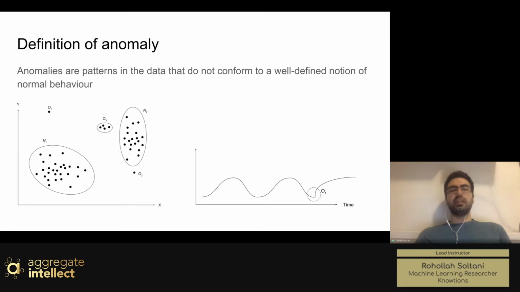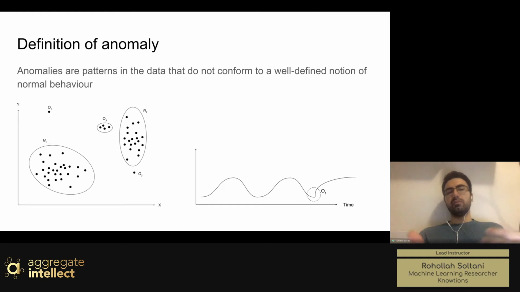That's why maybe we can say that O1 is not like the rest of the data, maybe it's an outlier, maybe it's an anomaly. You can say the same thing about O2 or even O3, because the amount of data there is small and sparse. Maybe all those points in O3 are anomalies as well.